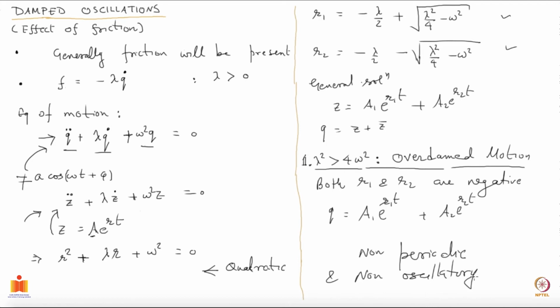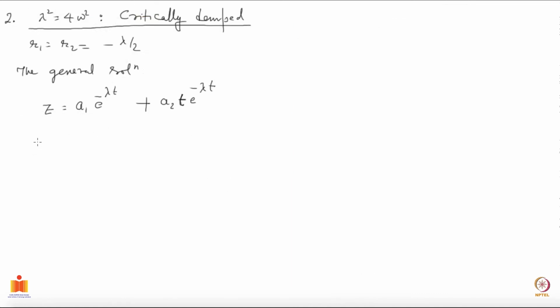So this first case was non-periodic, meaning the coordinate q never comes back to its original location, and it's also not oscillatory. Things are not oscillating, as you see here. The same is true here also. This is also a non-periodic motion, and also not oscillatory.